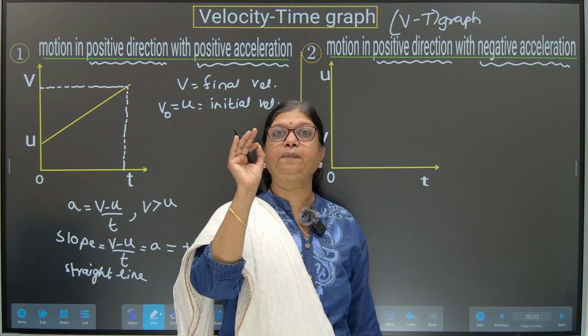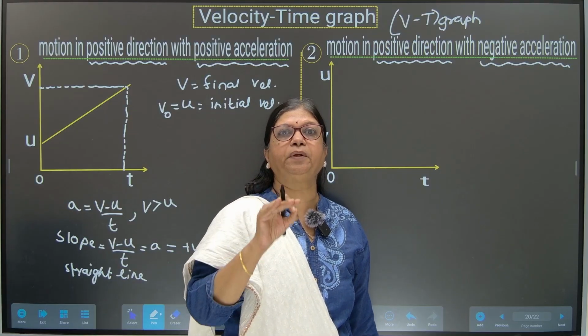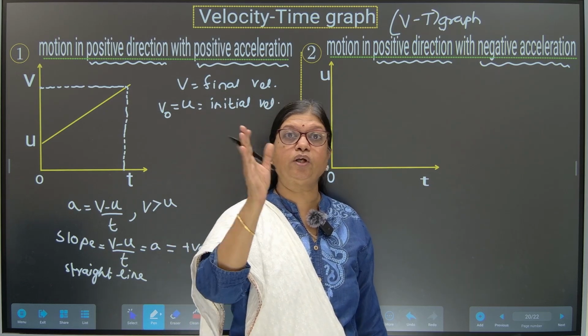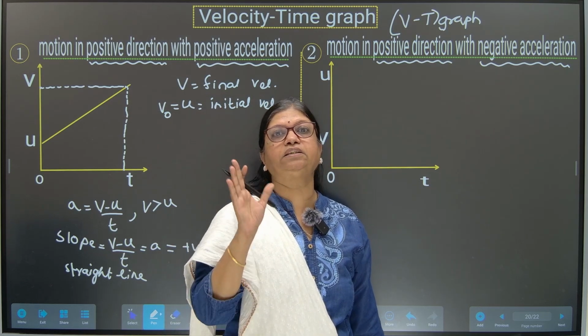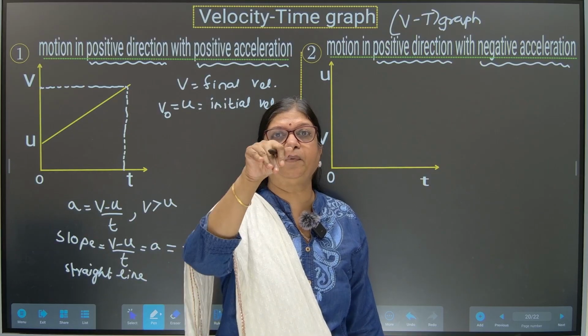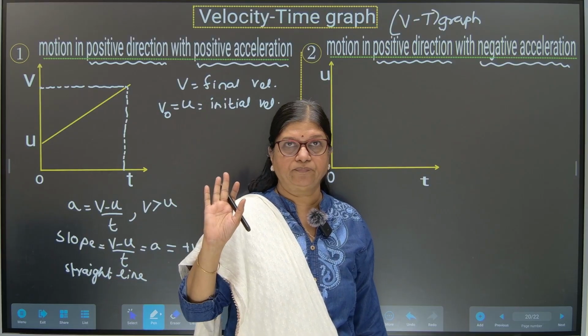So in that motion of applying the brake and the vehicle stopping, you were already with one initial velocity and the body has stopped. So final velocity has become 0.